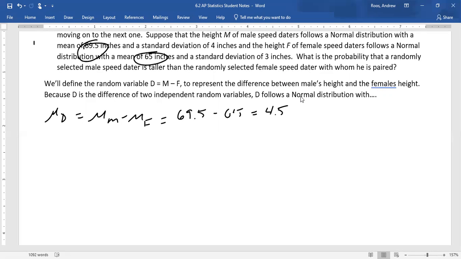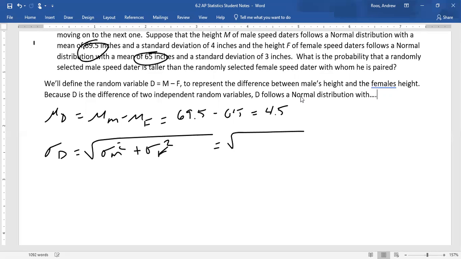Okay. Standard deviation of the difference would equal the square root of the standard deviations squared. So we'd want to add the variances underneath the square root. So we'd have σ of M squared plus σ of F squared, which would equal the square root.